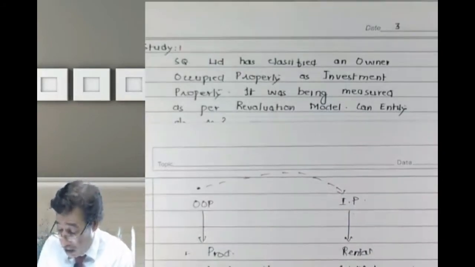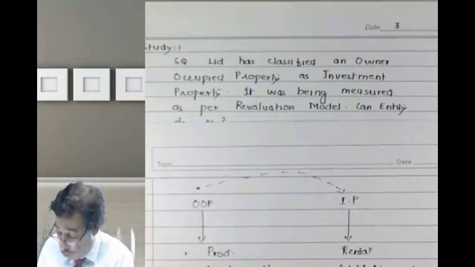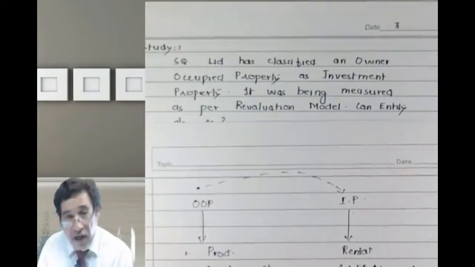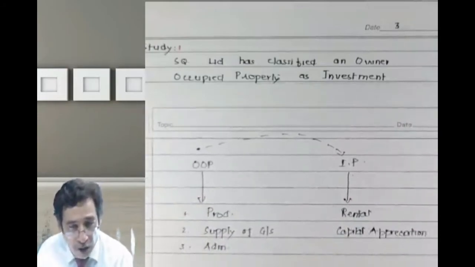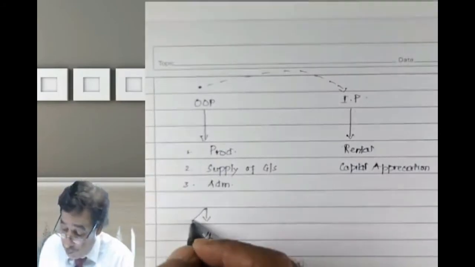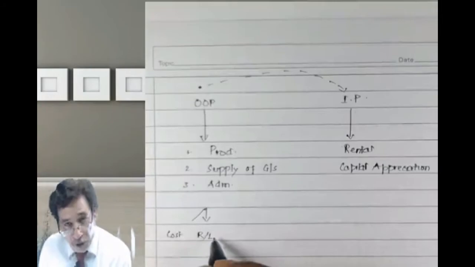Because earlier this property was an owner-occupied property, the question states that it was being measured as per the revaluation model, because owner-occupied property could be measured at cost or could be measured as per the revaluation model. Correct? Any property which is owner-occupied property could be measured either at cost or at the revaluation model.